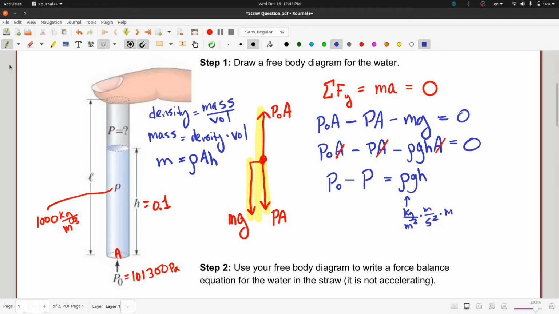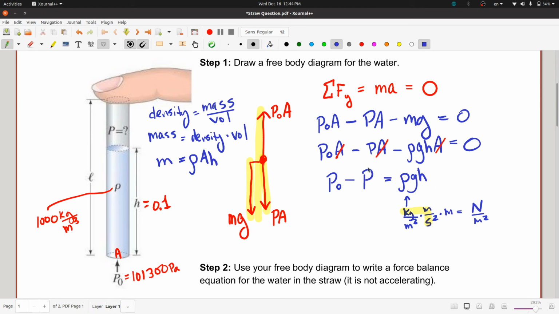I know that a kilogram meter per second squared, that's ma, must be a newton. So I see newtons here, and we have a meter over meter squared, so that's a square meter. So we've confirmed the right-hand side also has units of pressure, all three of these terms.